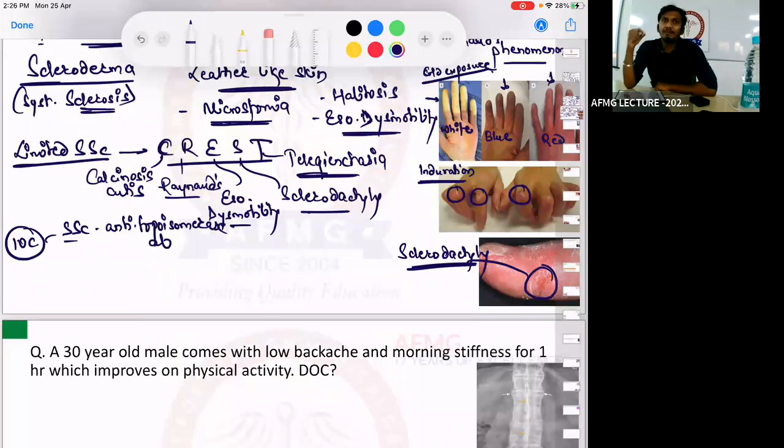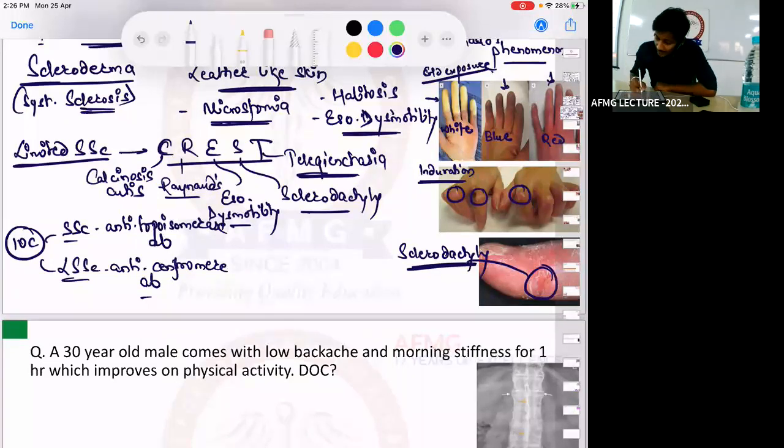Which antibody for limited sclerosis? Anti-centromere antibody. No issue still here?